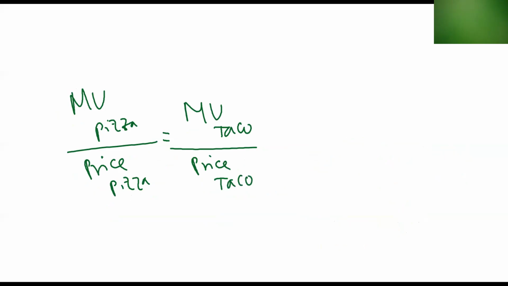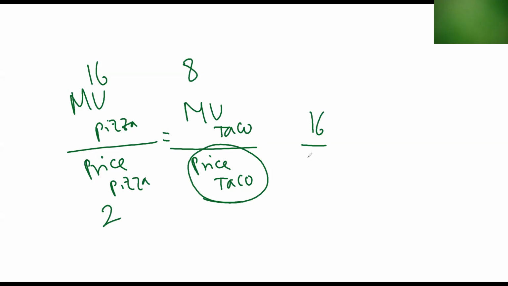Now I'm going to put all the information I have in this ratio. So marginal utility is 16 and 8. The price is $2 for pizza. So price of pizza is 2, and we are going to calculate the price of taco.